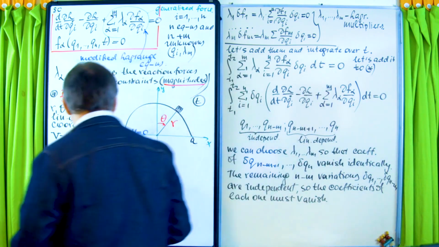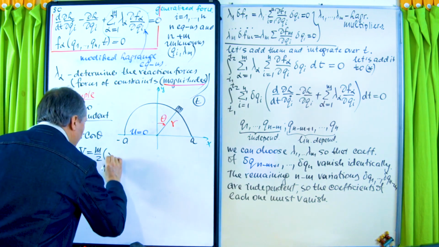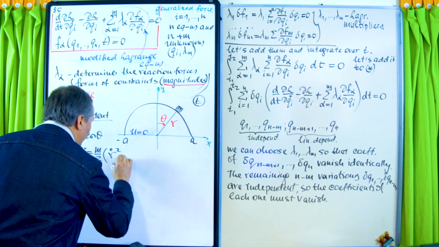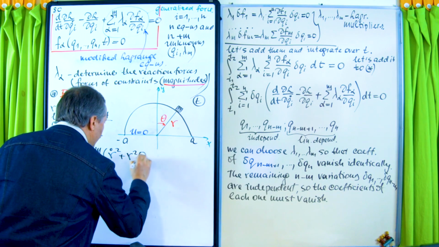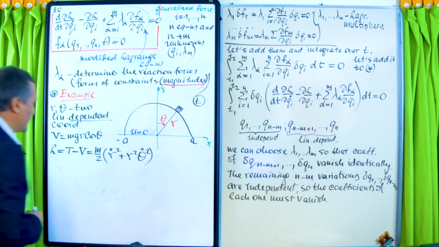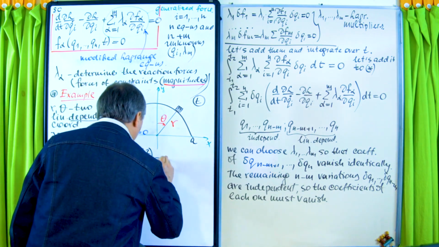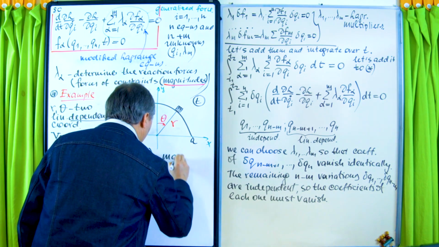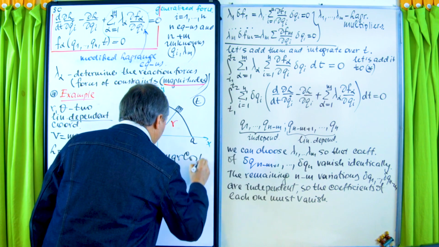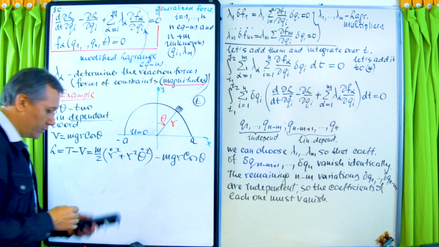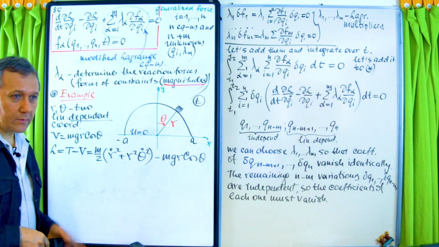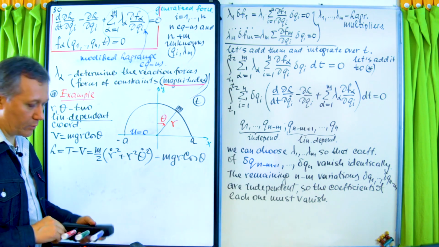In this case, you should be able to write it immediately. So it's m over 2 times r dot squared plus r squared theta dot squared, and then minus potential energy, minus mgr cosine theta. So that's the Lagrangian written in terms of linearly dependent coordinates.